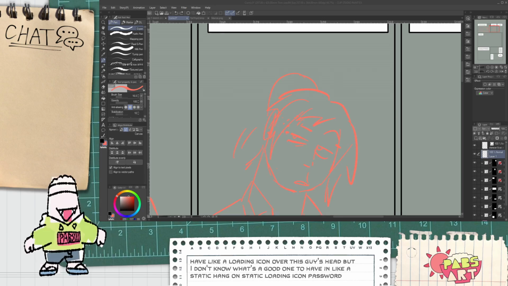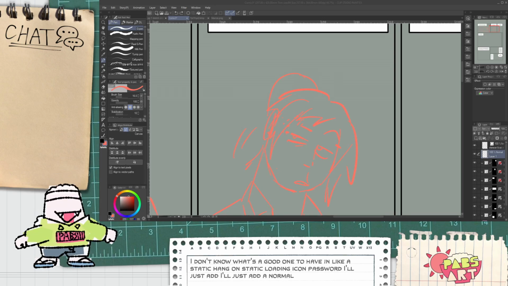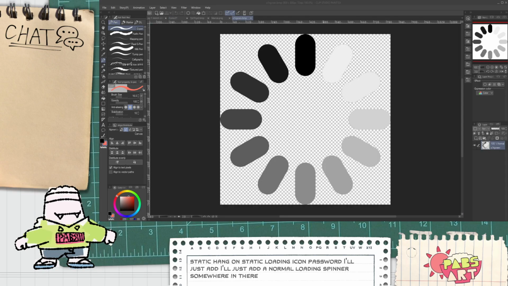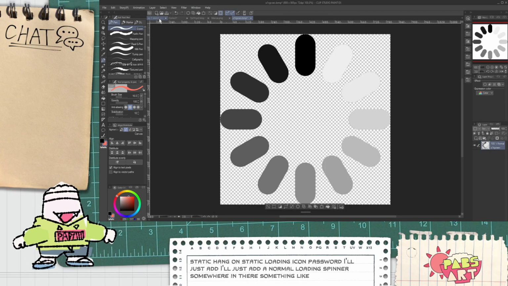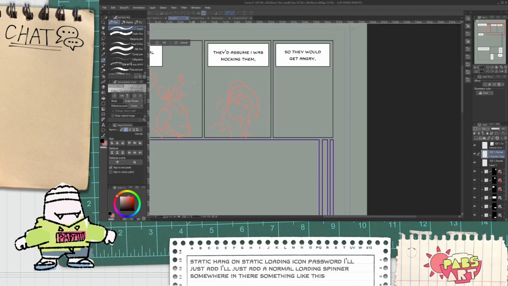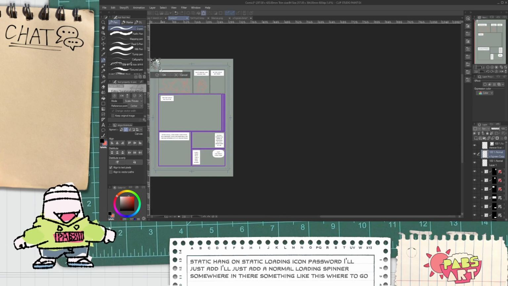I'll just add a normal loading spinner somewhere in there. Something like this. Where'd it go? There it is.